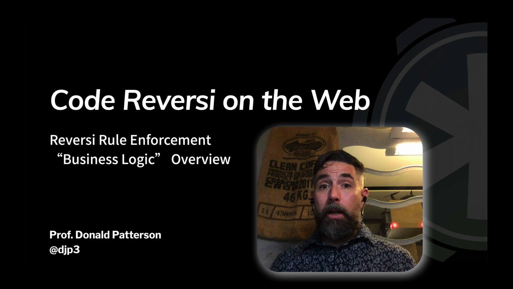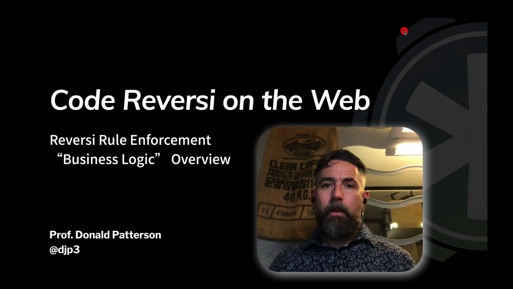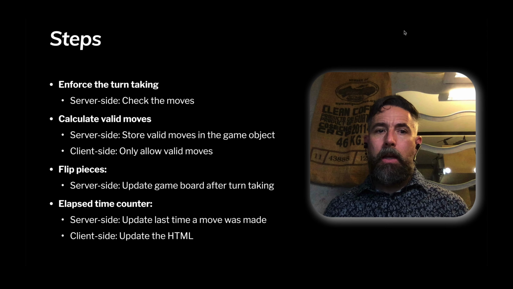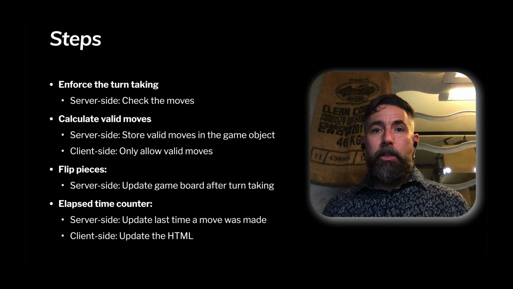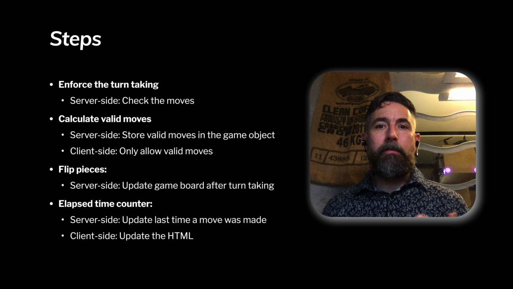So here are the things that we're going to tackle in the next sequence of videos. We're going to enforce the turn taking. So in the first video, we're going to make sure that when someone plays, it's their turn. So we want to make sure that white and black alternate their plays, and that the player who is assigned white is the one that's making the play for white.